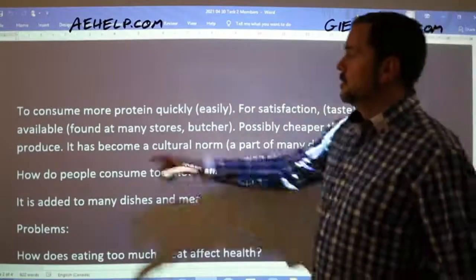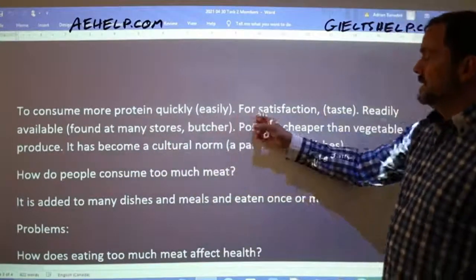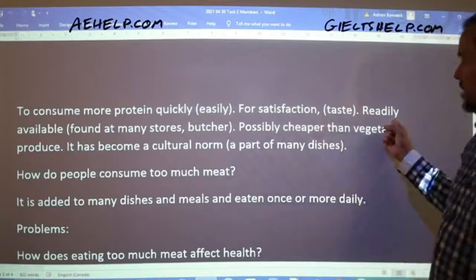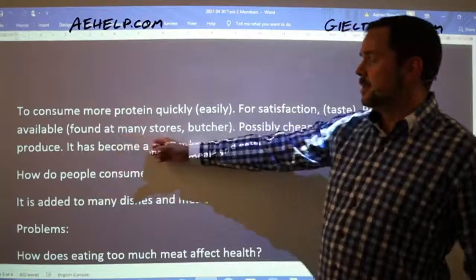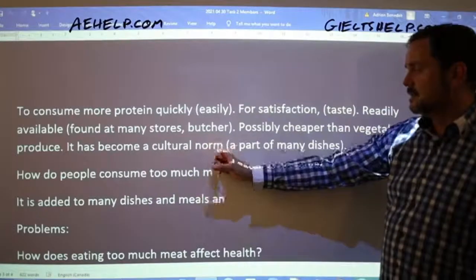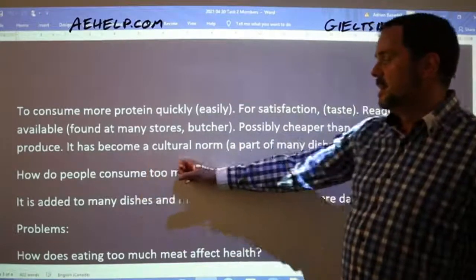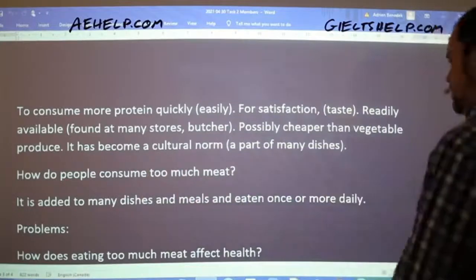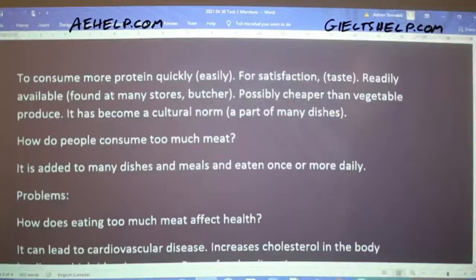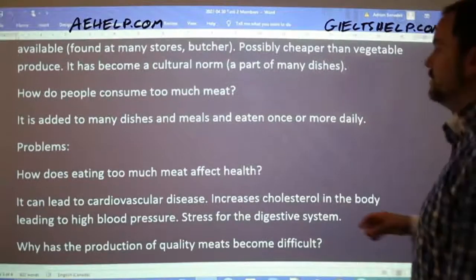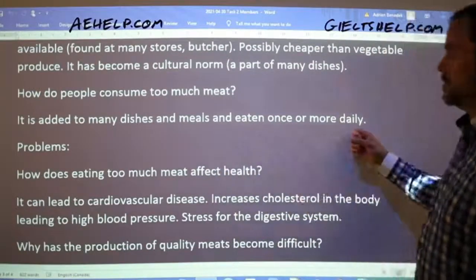People do it to consume more protein quickly or easily, for satisfaction, the taste of meat. It's readily available, so we have butchers and meat in a lot of stores, and it's possibly cheaper than vegetable produce. It's become a part of culture, a cultural norm. And how do people consume too much meat? It's added to a lot of dishes, meals, and eaten once or more each day.